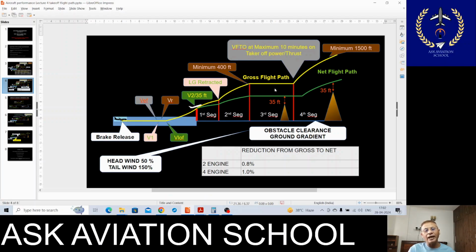So as I said, while considering the gross flight path, the gradient under consideration is a still air gradient. While discussing the obstacle clearance margin, the clearance will be considered with the ground gradient after having considered the winds, because depending upon the winds, the gradient which the aircraft is going to maintain will vary.